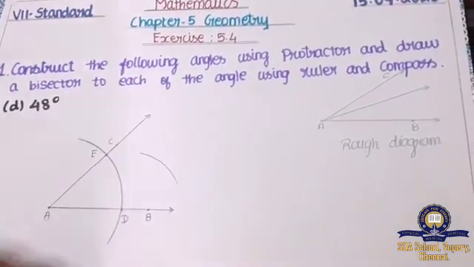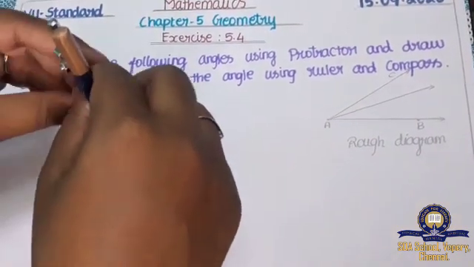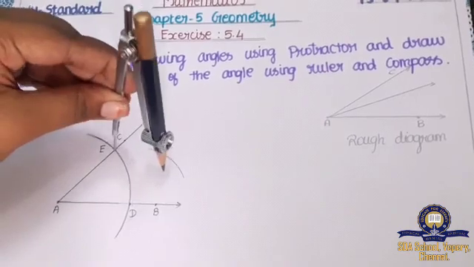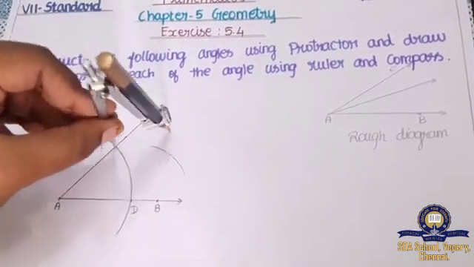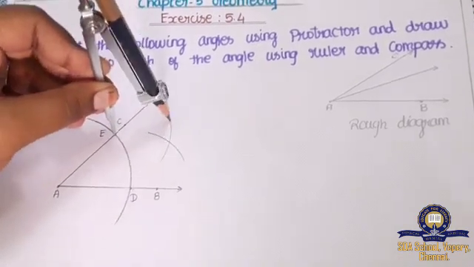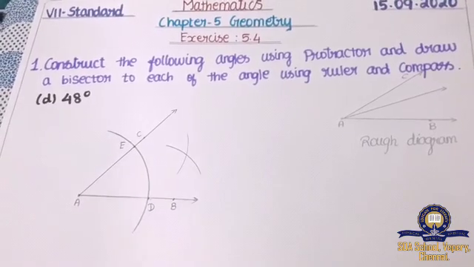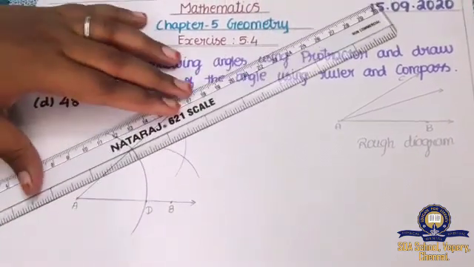Like that, with E as center, using a compass, draw an arc which is in the interior of angle ABC. After the arcs cut, you need to join the line.